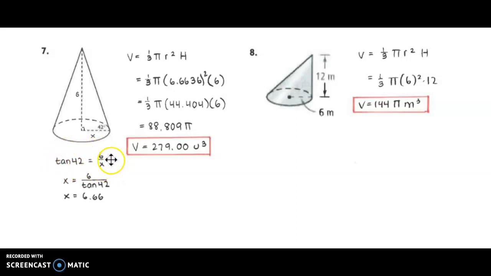And if you multiply by x on both sides and then divide by the tan 42, that's how we get this setup here. Okay. And so sometimes you are going to have to use a rounded number. Okay. x is your radius, right? And so you plug that in here. Okay.